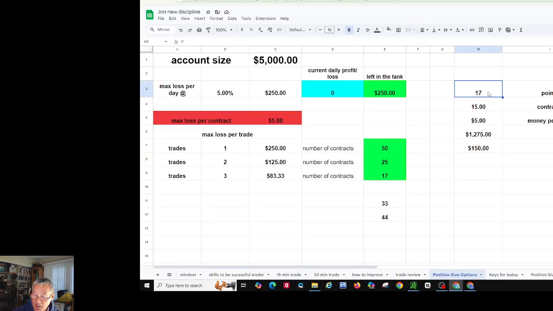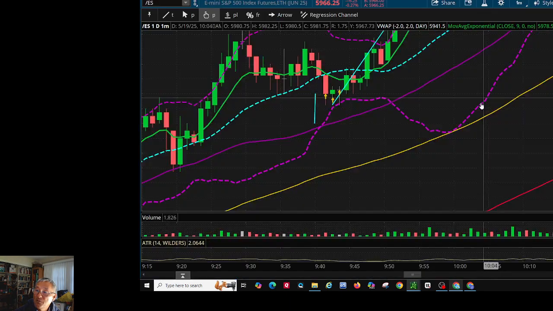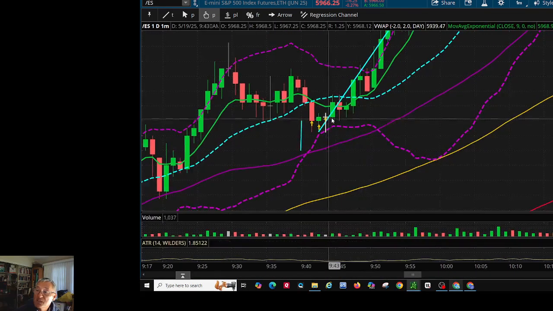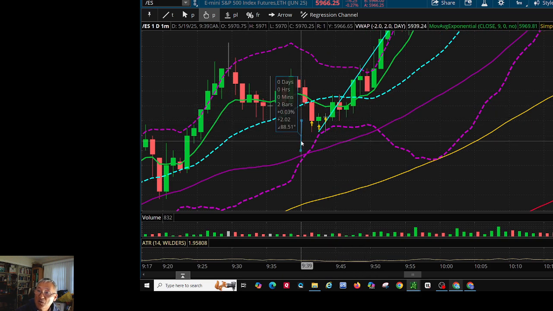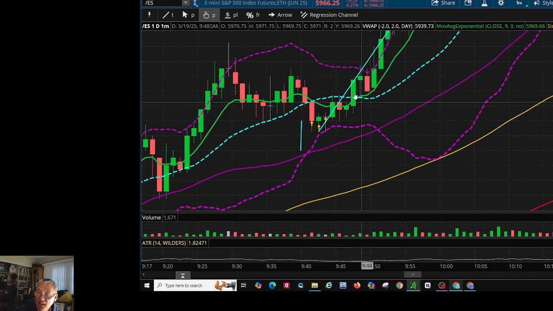So that would have been a 2-point risk, 15 contracts, $5, still 150. Once it gets above here, you can move your stop up, and now you're going to be break even. So you're only risking the 150 for a few minutes here.